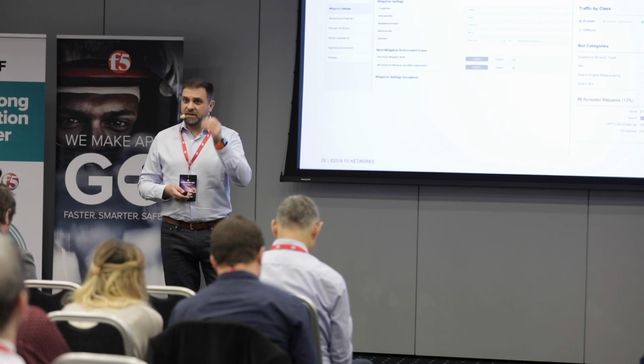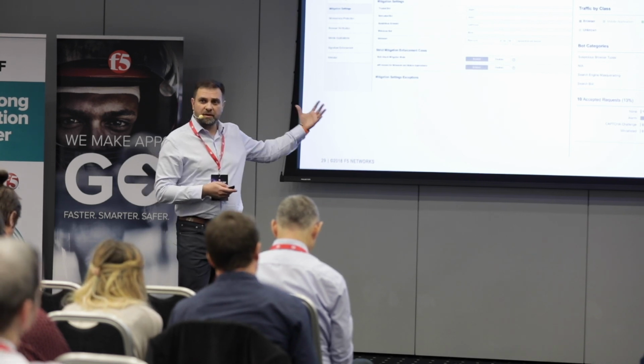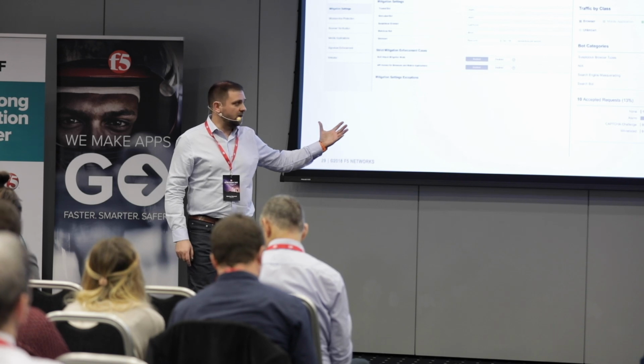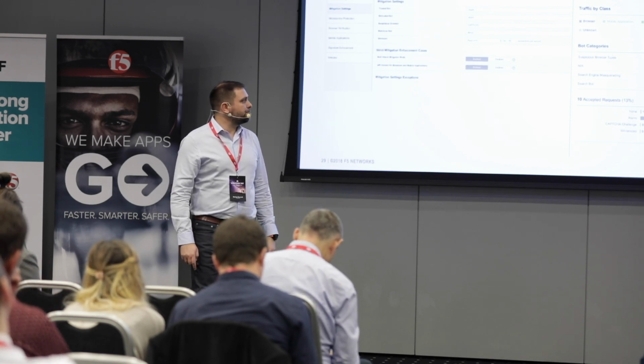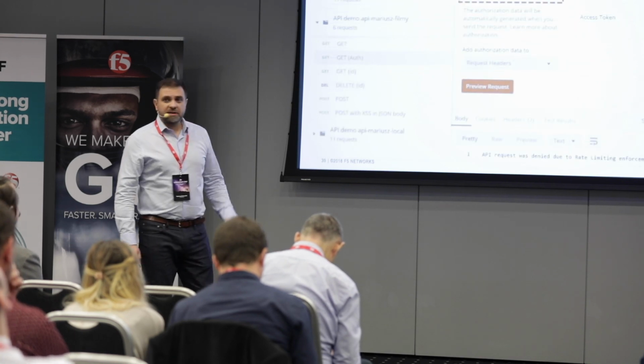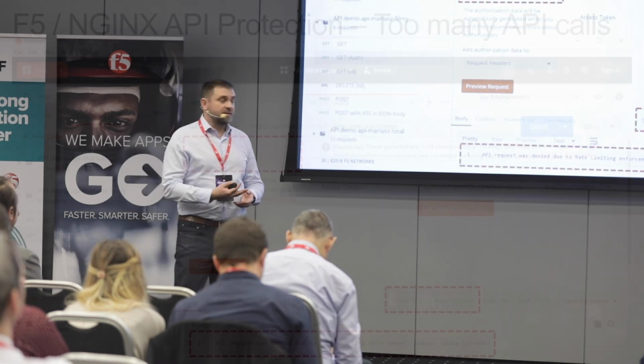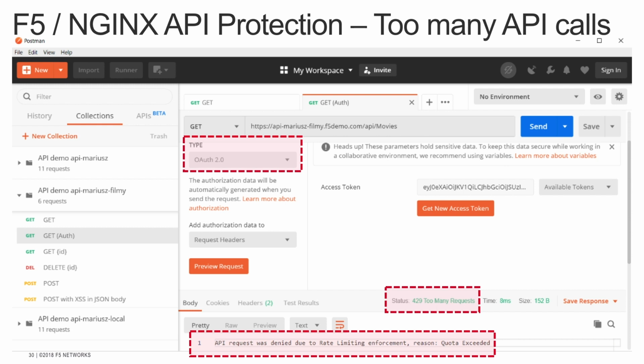They will try to automate some attacks, so you need to have a way to protect against such attacks. And of course, our Advanced WAF is prepared to protect against automated and DDoS attacks.